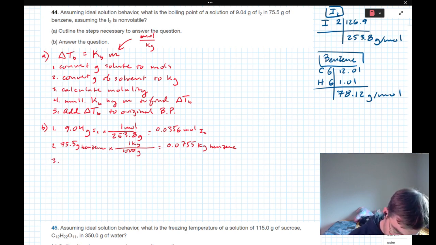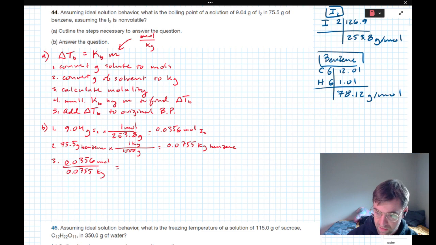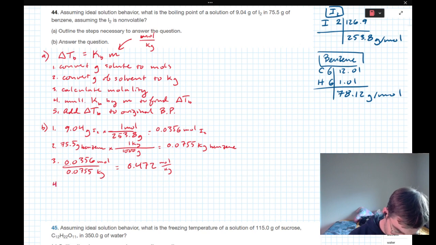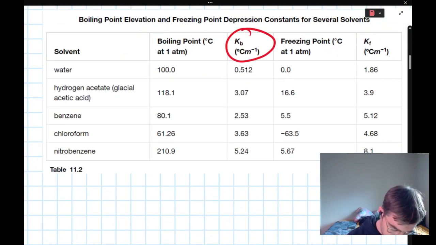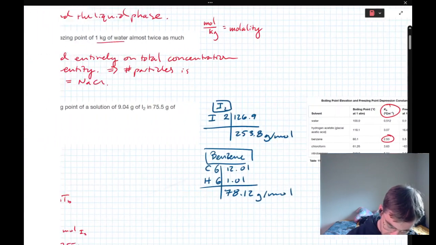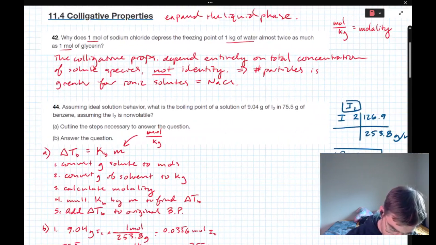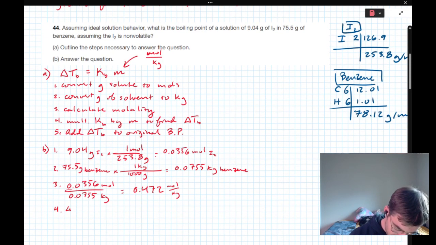Step 3, we calculate our molality. So we have 0.0356 moles of solute divided by 0.0755 kilograms of solvent equals 0.472 moles per kilogram. Finally, we need to look up the tabulated value for the Kb of benzene, which is 2.53, and plug that into our equation here.